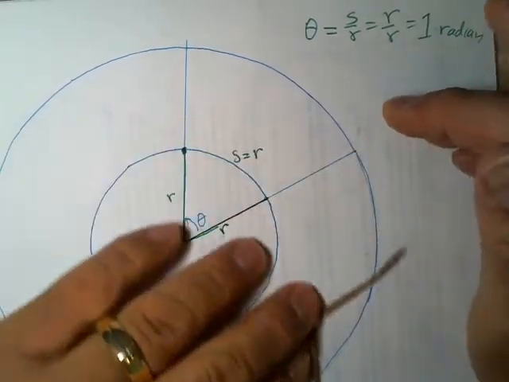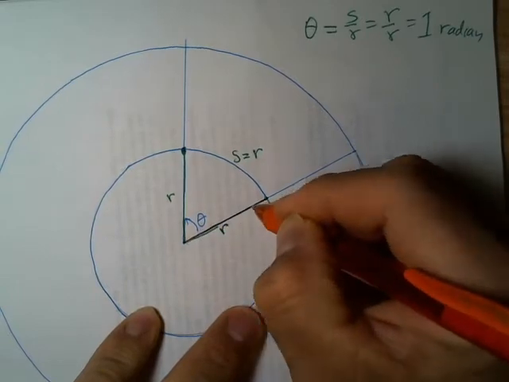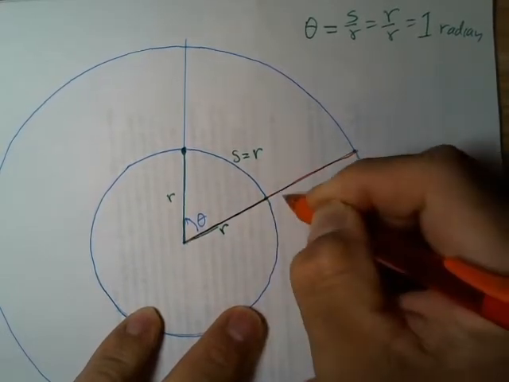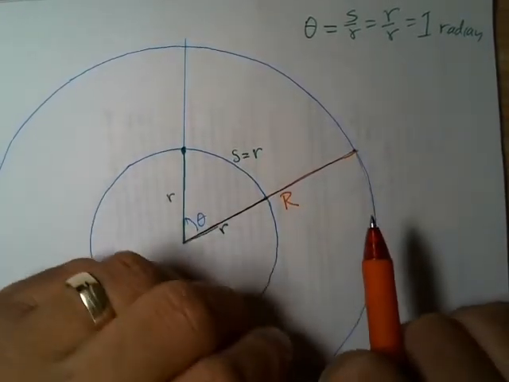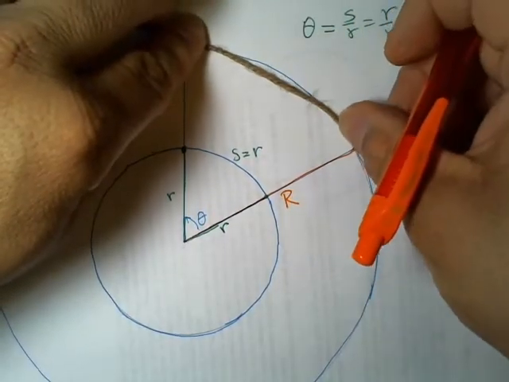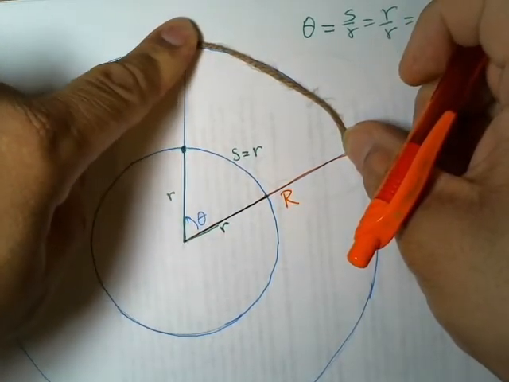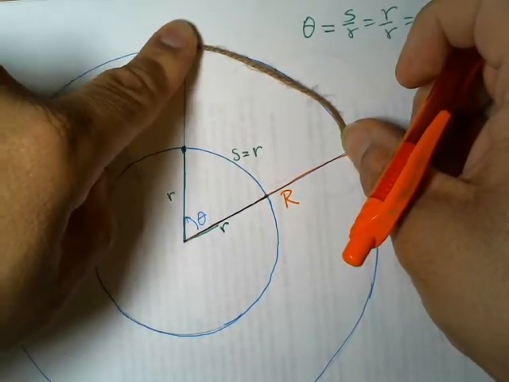In this case, let's call this the larger one, capital R, and we see that is roughly the same arc length there.